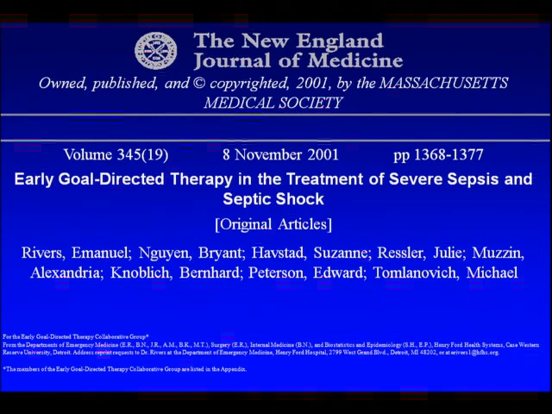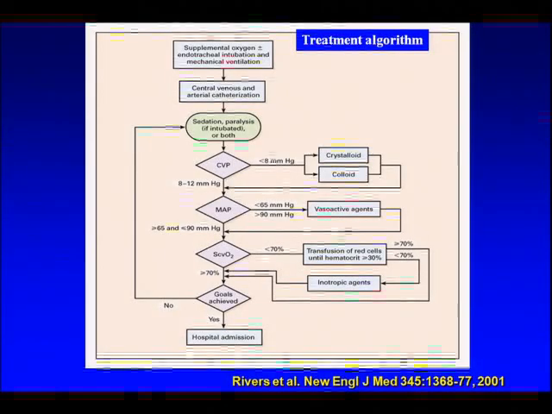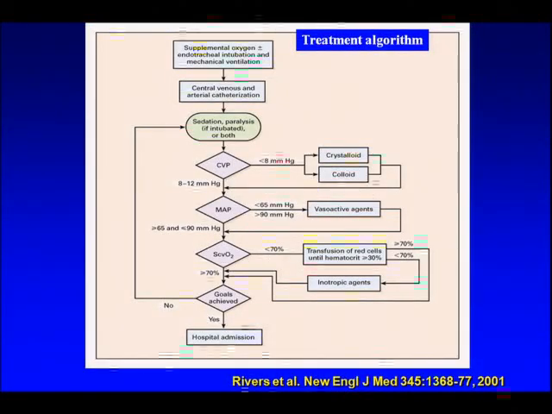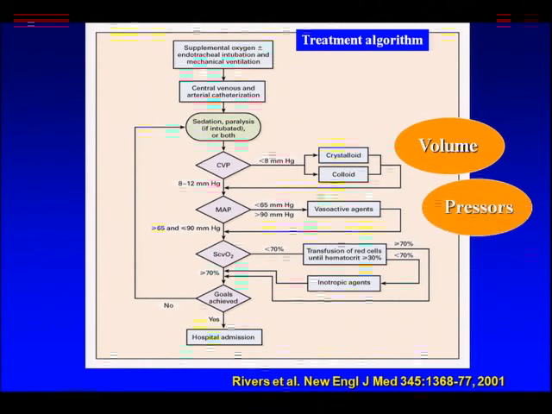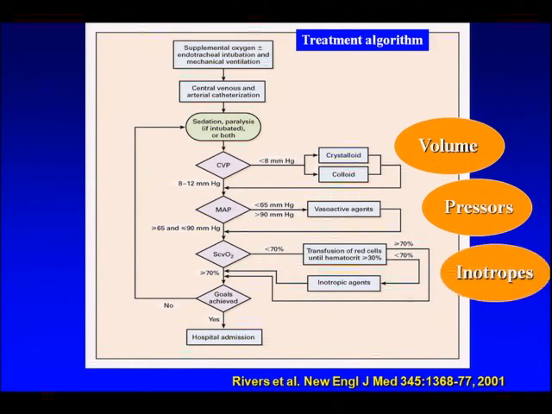So following this algorithm that was previously shown, initially he used volume to optimize volume status, although, again, using the central venous pressure, which has been shown to not be very responsive and effective. Once the volume is optimized, he optimized blood pressure using pressors as necessary, and following that, optimized oxygen delivery, which he monitored using the central venous saturation, using inotropes.